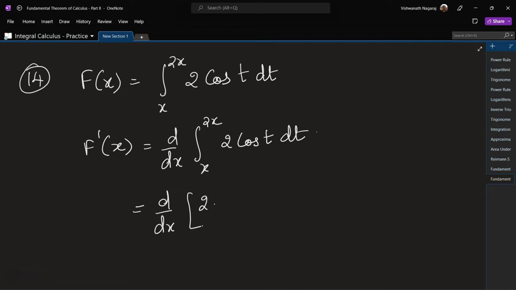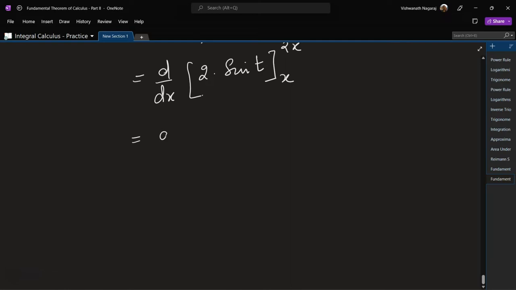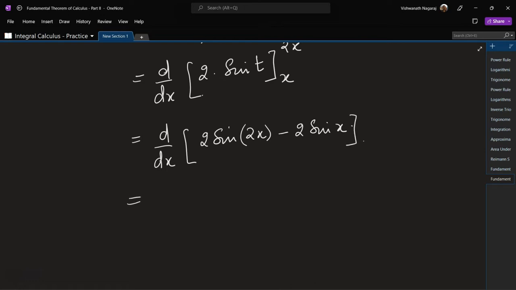If we integrate cos t, we get sine t from x to 2x. Okay, so this will be d by dx of 2 sine 2x minus 2 sine x, which gives us, actually we can directly now differentiate this.